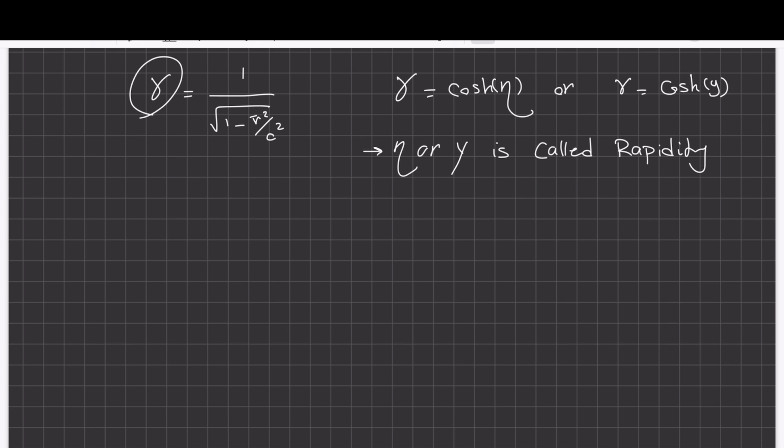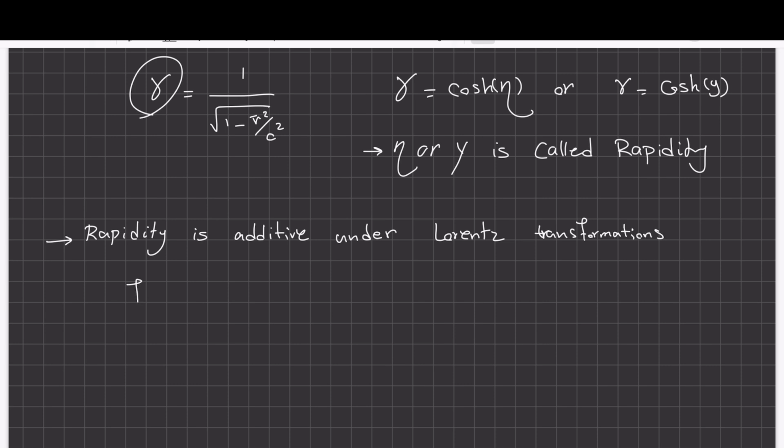This rapidity parameter is interesting. Rapidity is an additive variable under the Lorentz transformation. So if we have two boosts, we can add the rapidity for each boost.